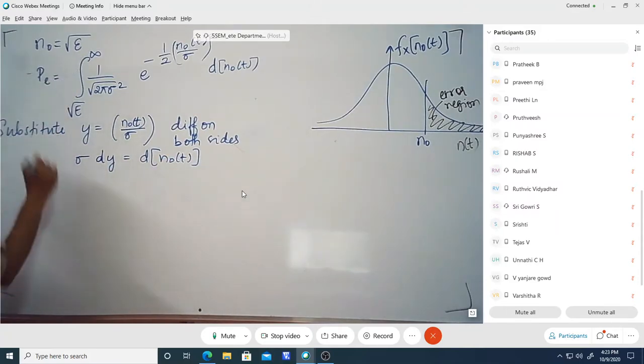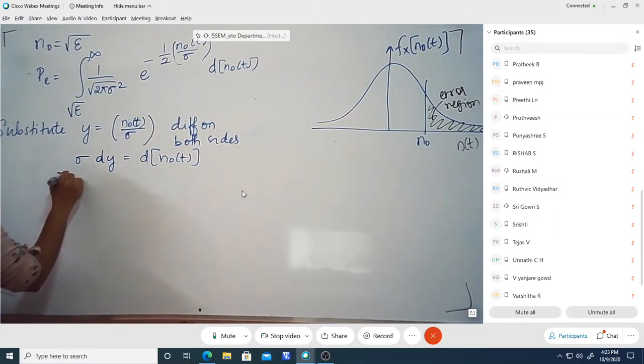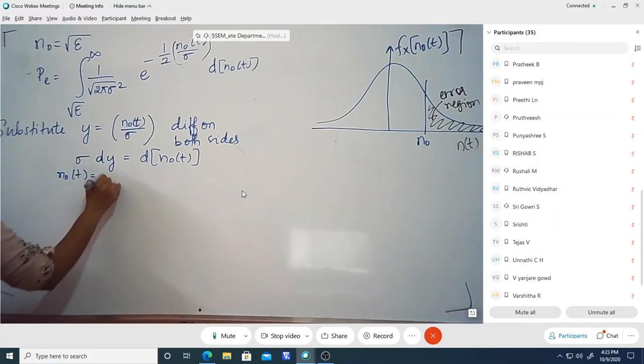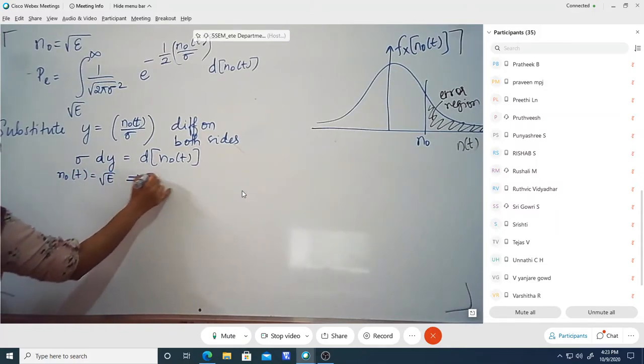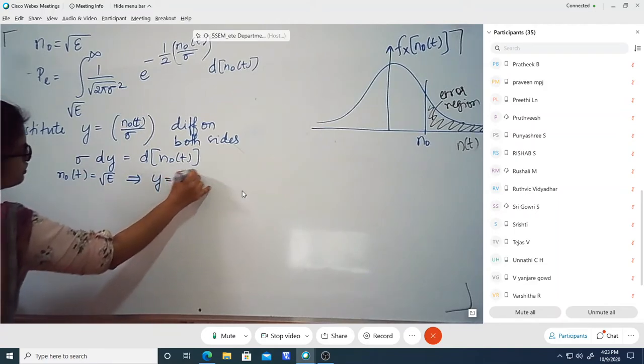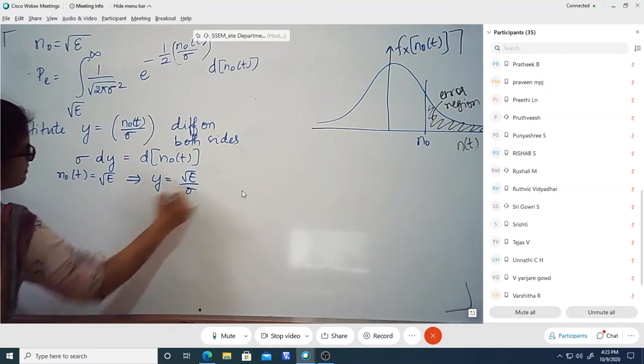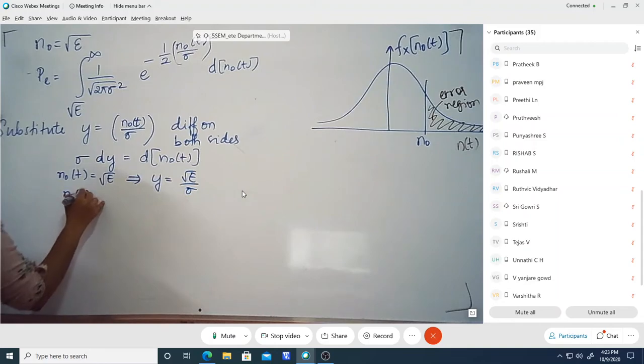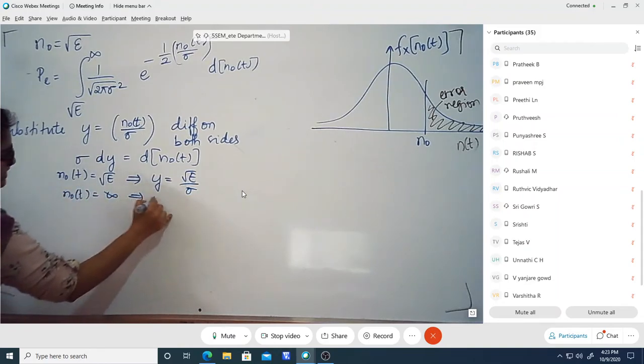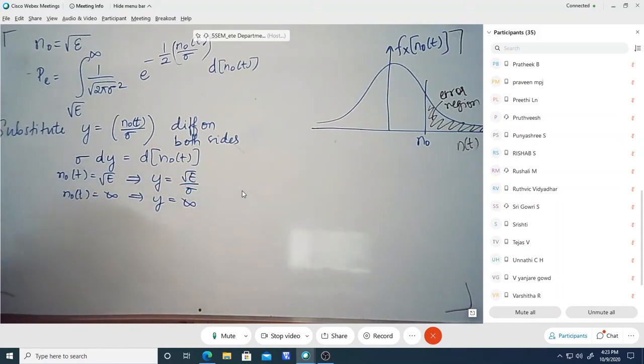Now the limits will change. When n0 of t is equal to root E, y is equal to root E by sigma. When n0 of t is equal to infinity, y is equal to infinity.